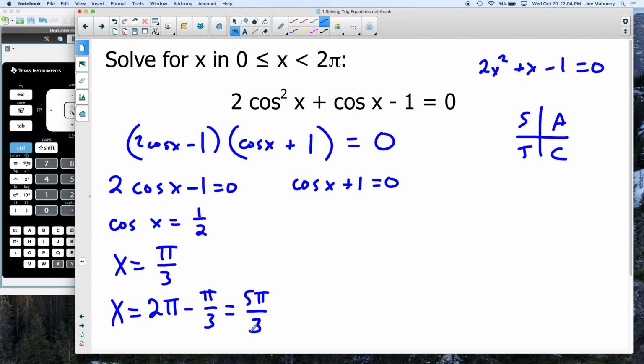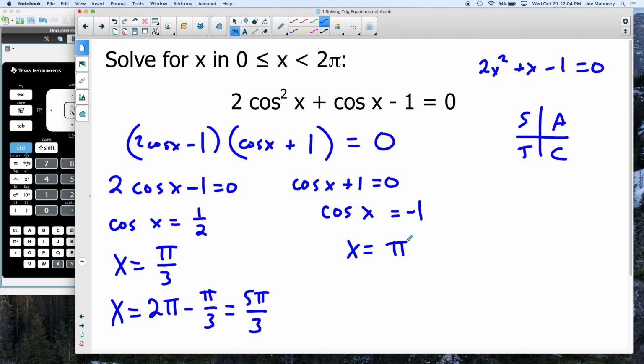Solving the equation on the right, if I subtract 1 from both sides, I get cosine x equals -1. So cosine x is equal to -1 when x equals pi, or 180 degrees.